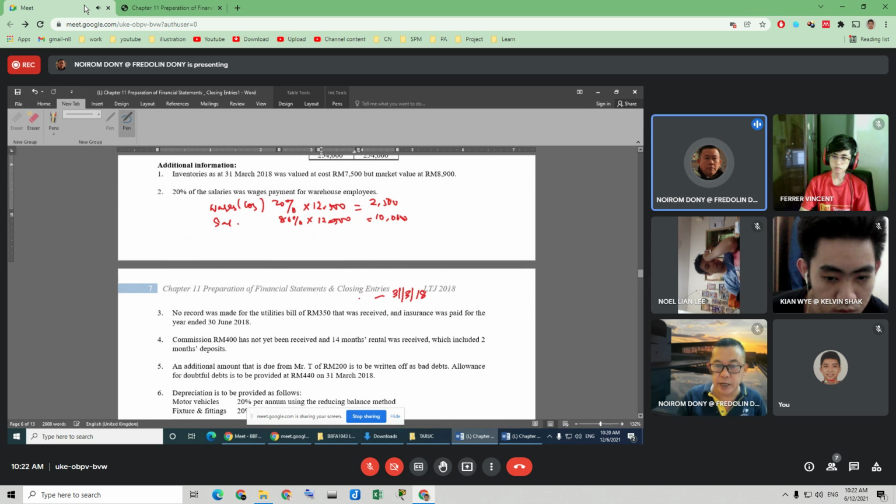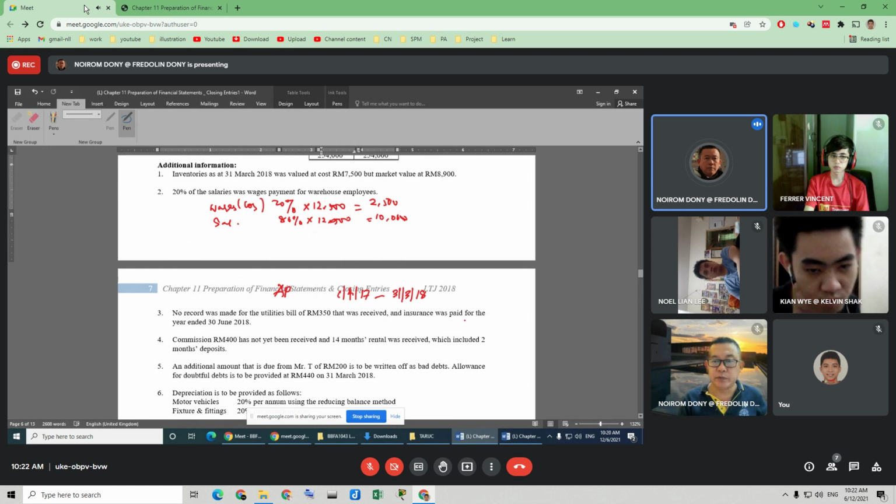So the beginning is 1st of April 2017. This is your accounting period. But the insurance period is different. It was paid for the year ended 30th of June 2018. So the insurance period is also 1 year, but the ending is different.